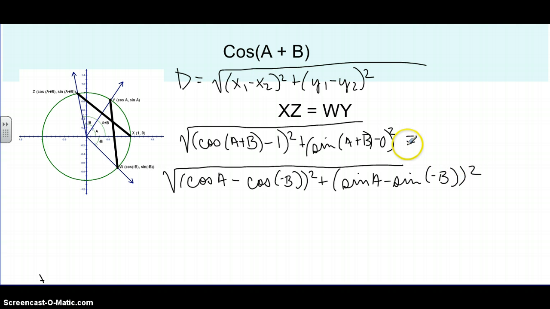Now, I'm going to square both sides, and then I'm going to multiply it out.